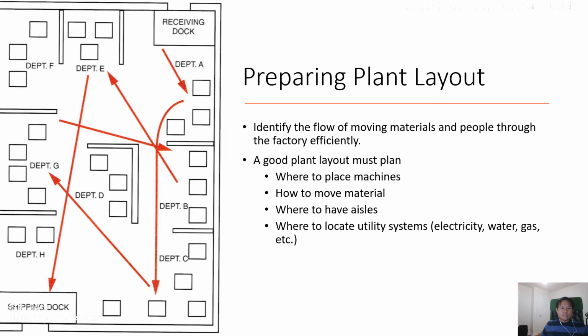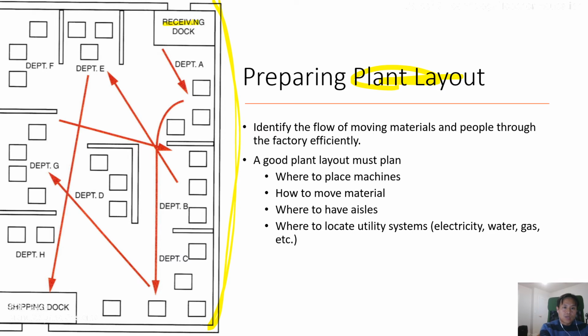And next, in terms of flow in factory management, we can also make a plant layout. As an example, this is a plant diagram that shows the movement and flow of movement.